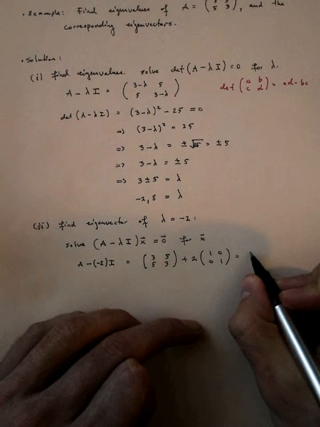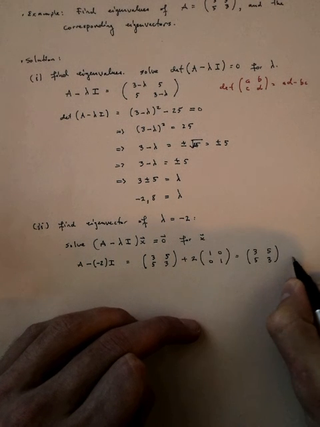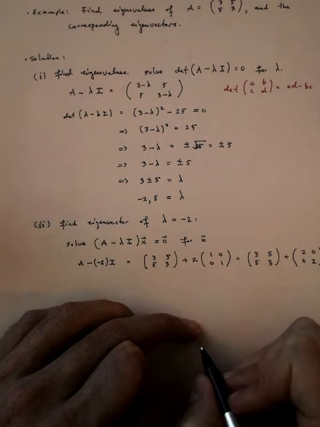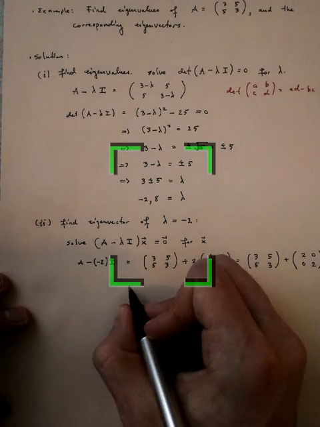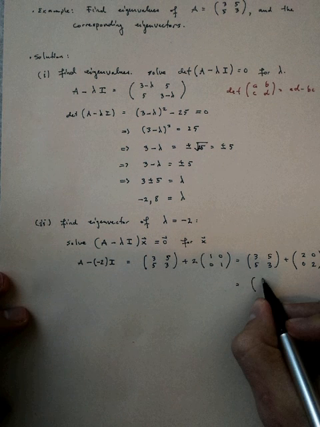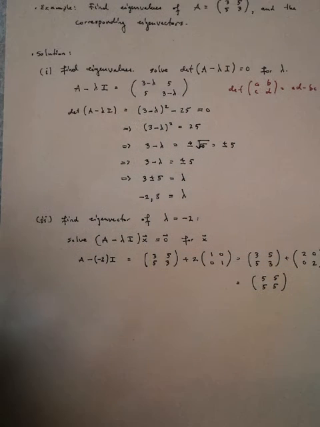Okay. So this is 3, 5, 5, 3, plus 2 on the diagonal, which equals 5, 5, 5, 5. Alright?